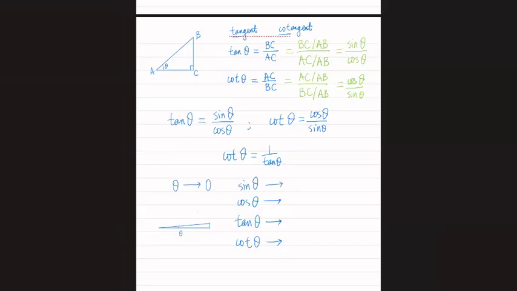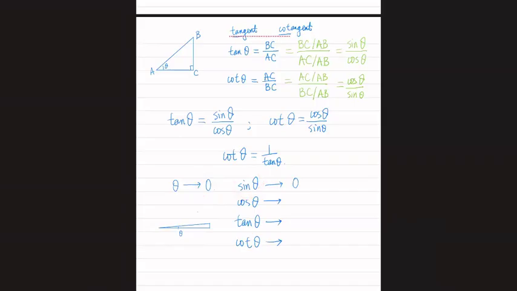We can see when the angle approaches 0, the side facing it is also becoming smaller and smaller, approaching 0. In particular, sine theta approaches 0.